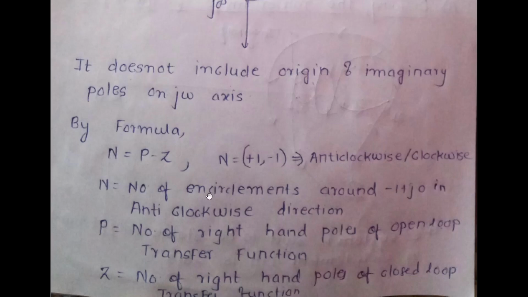Now, if the encirclement is in the anti-clockwise direction, it is +1. If it is in the clockwise direction, it is -1. P indicates the number of right-hand poles of the open loop transfer function, and Z indicates the number of right-hand poles of the closed loop transfer function.